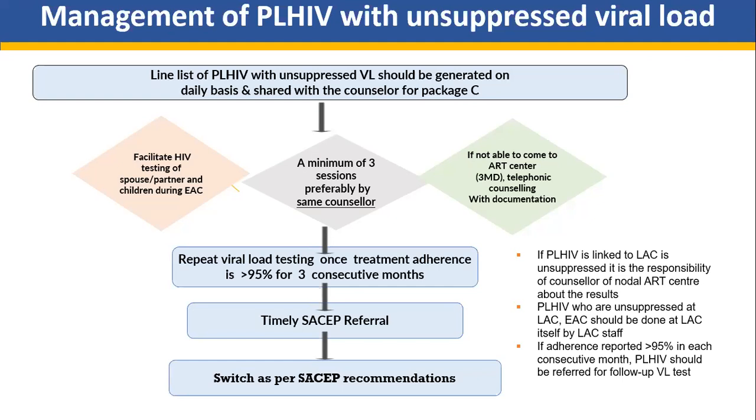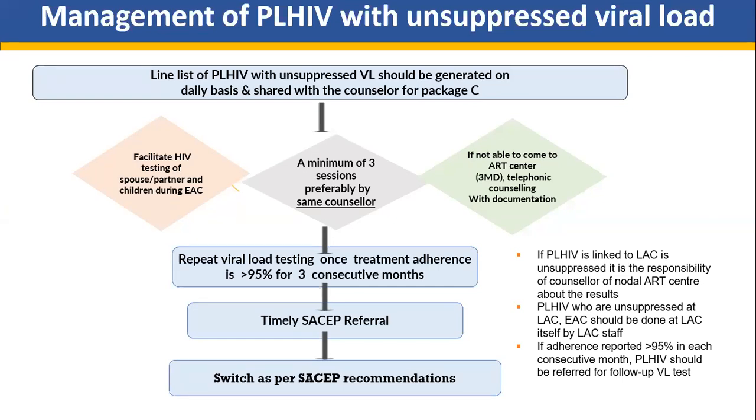At the same time, if the patient was under the multi-month dispensation category, now this patient should be shifted to the package C services. A repeat viral load testing must be done for such a patient after 3 consecutive step-up adherence counseling sessions.